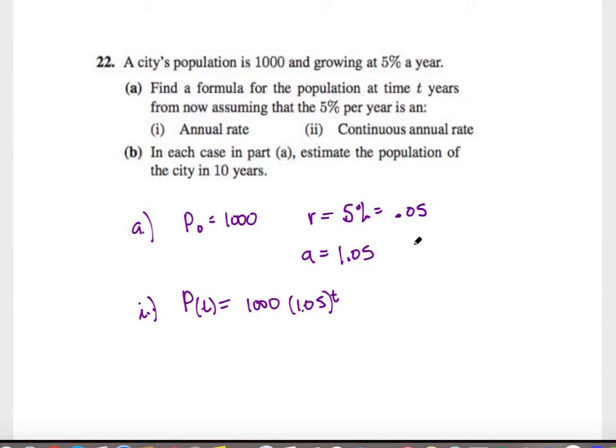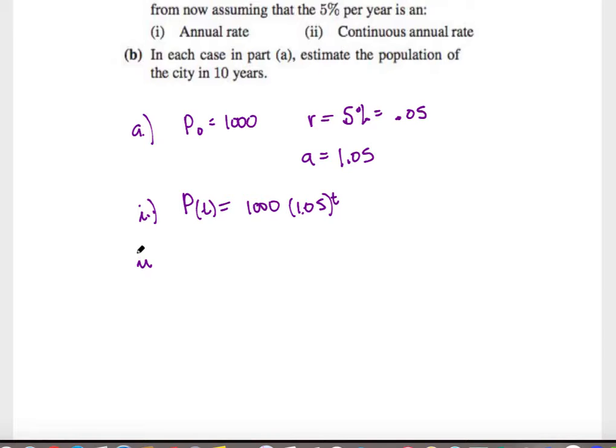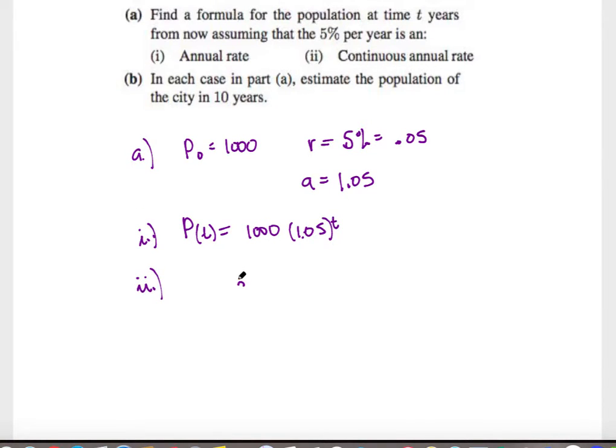the t. And then for part 2, we want to turn that into a continuous annual rate. So we'll say k is equal to the ln of a, which would be the ln of 1.05.